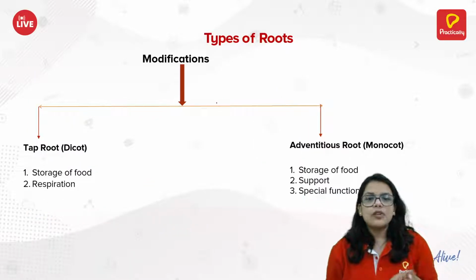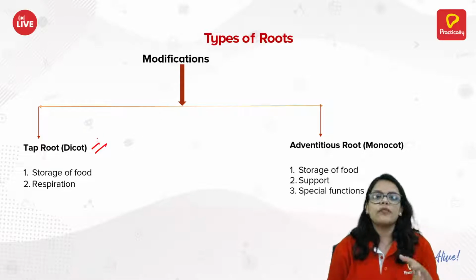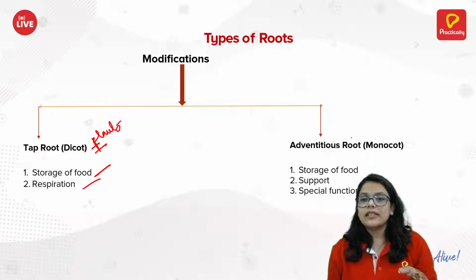Okay, so types of roots. When you modify a root, what are the different types of roots? There is tap root, which is mostly found in dicot plants, which helps in storage of food and respiration, etc. And then there are adventitious roots.